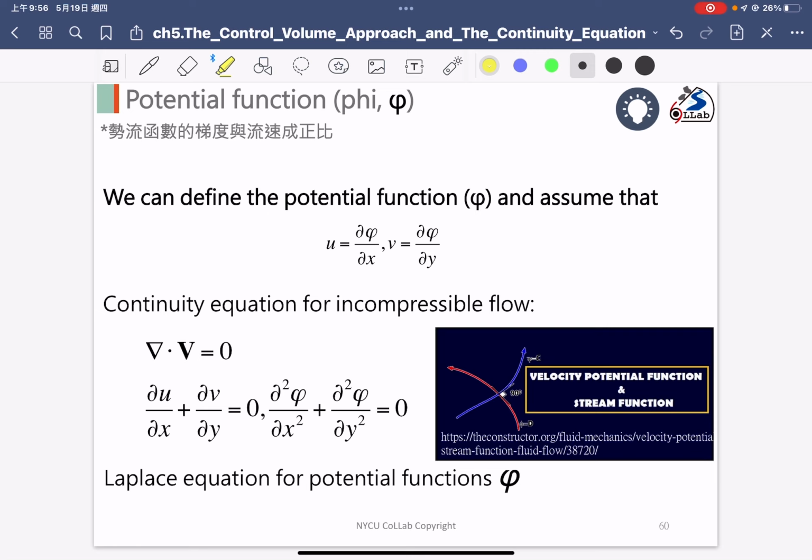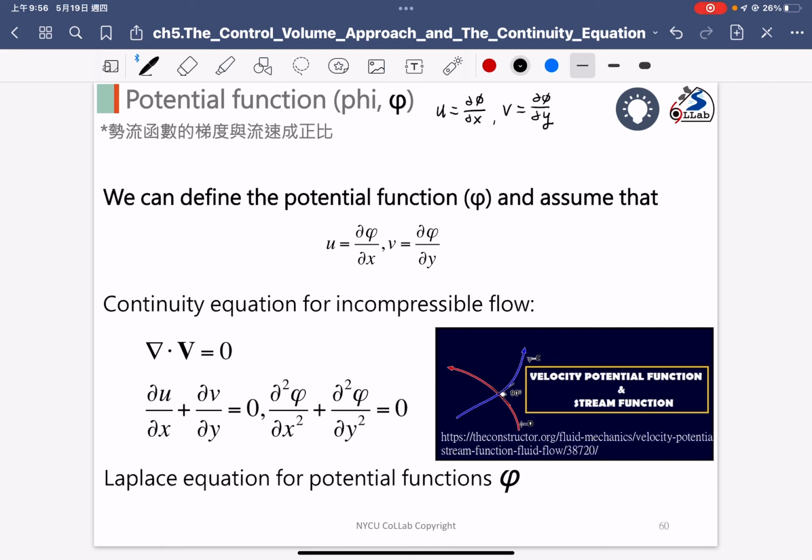So for the potential function, we define new parameters: phi, u is equal to dφ dx, and the v velocity is equal to dφ dy.